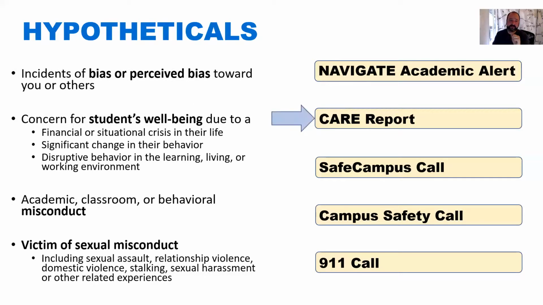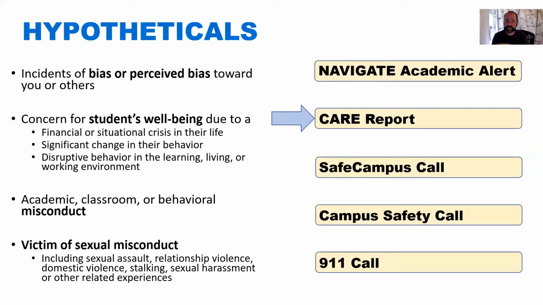Care reports. So care reports are when you're concerned for the student's well-being. You can also use a care report for bias or perceived bias, for academic classroom or behavioral misconduct, or if there's a victim of a sexual misconduct. Care reports are, as far as I'm concerned, primarily for cases where the student's academics may be at risk, but we're really kind of more worried about the student's well-being, right?